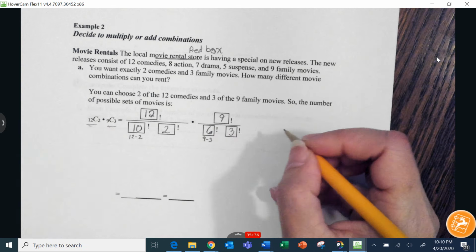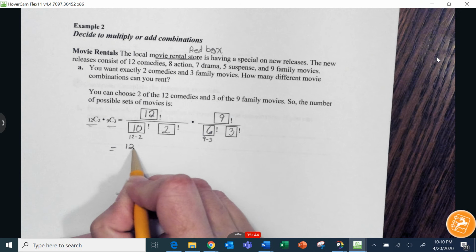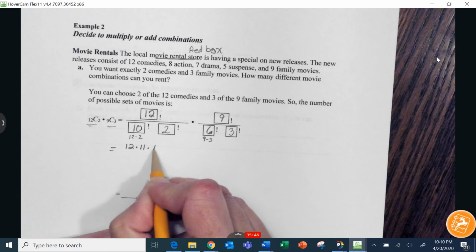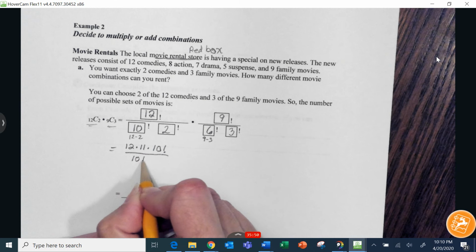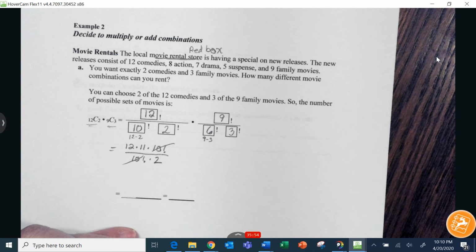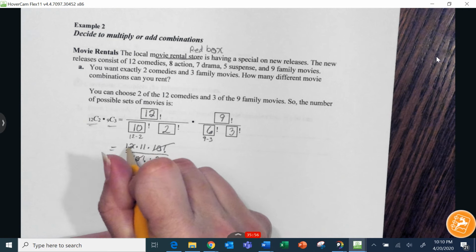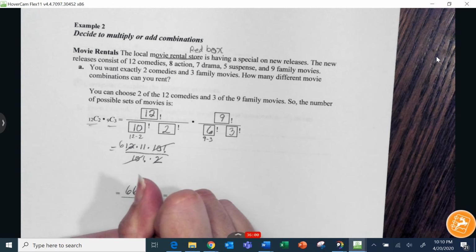Now I'm going to simplify those by expanding them out. This one's going to be 12 times 11 times 10 factorial over 10 factorial times 2. So those will cancel. And then the 2 can cancel with the 12 and make it a 6. And we get 66.